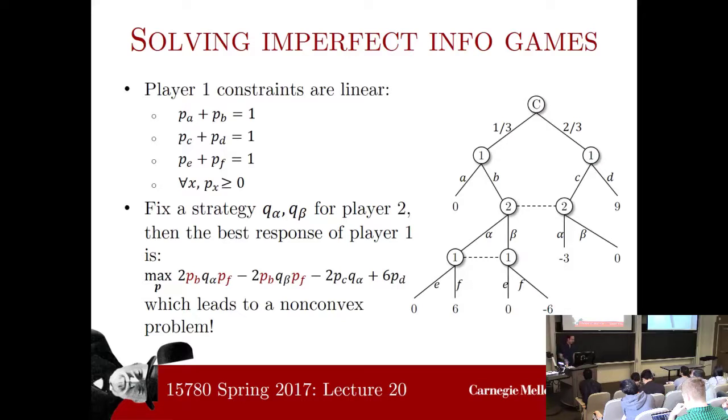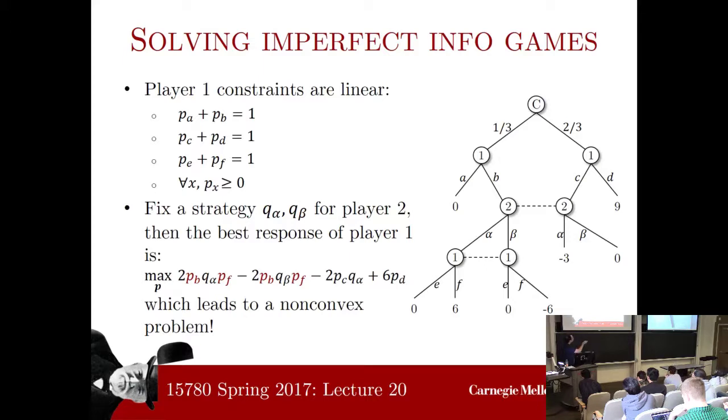Now the constraints. What are the constraints here? If we look at this game, player 1 has to choose between action A and action B in this node. So he has some probability of playing A, probability of playing B. The sum of these two probabilities is 1. In this node, you can choose between C and D, so we have this constraint.